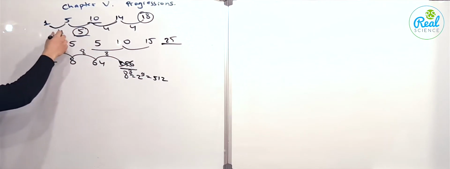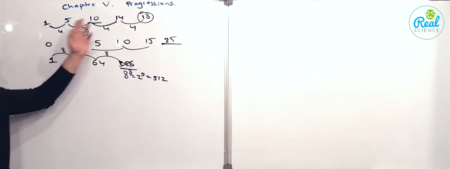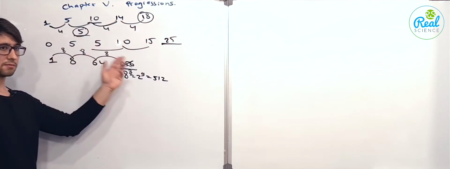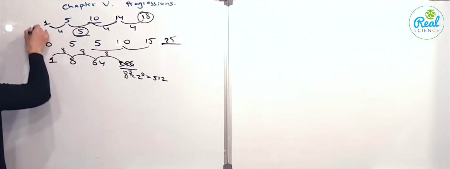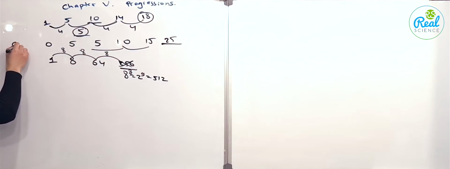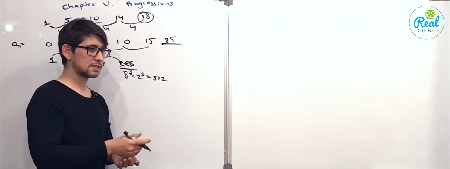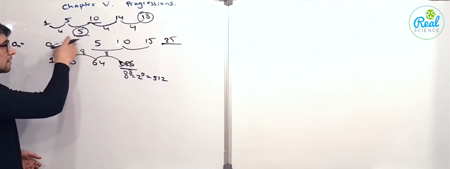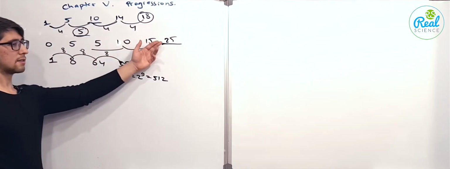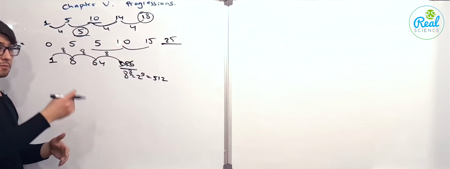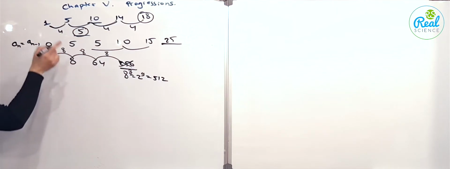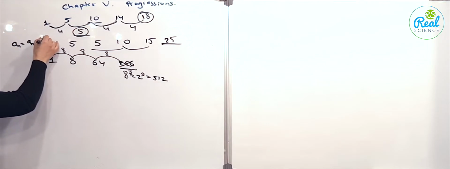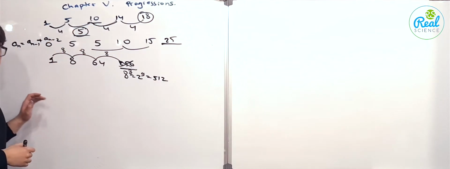So these numbers are creating a sequence, and they are following certain patterns. And what is the formula for the second one? We have to create a general formula with indexes that will be correct for the terms of the sequence. a_n equals a_(n-1), the previous one, plus a_(n-2).